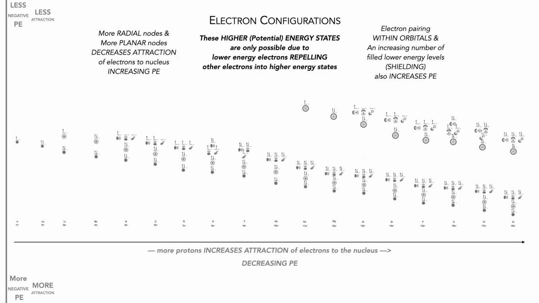And the other dynamics in which you have a new energy level or a new sublevel, i.e. more planar or angular nodes, P, D, F, or electron-electron pairing, or even shielding as we go down a group.